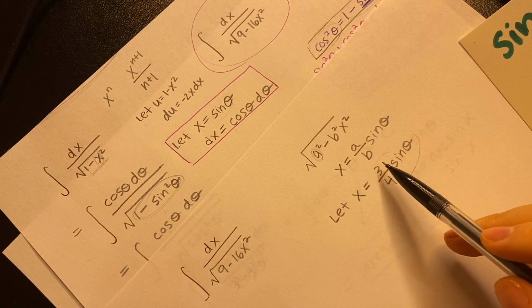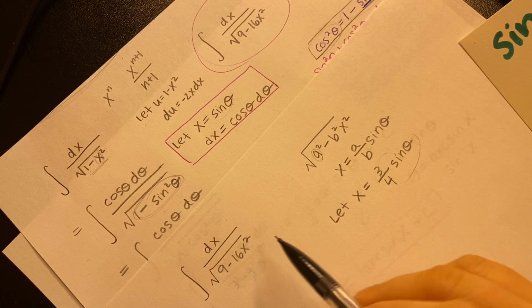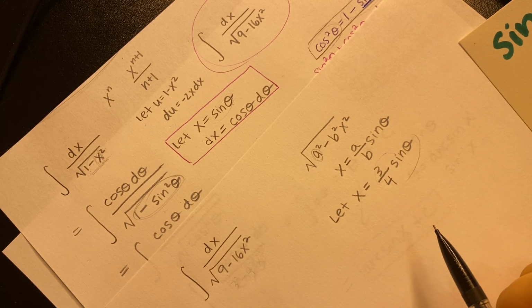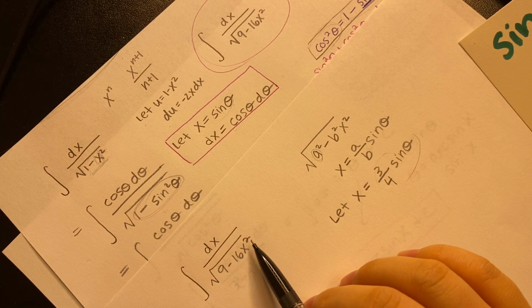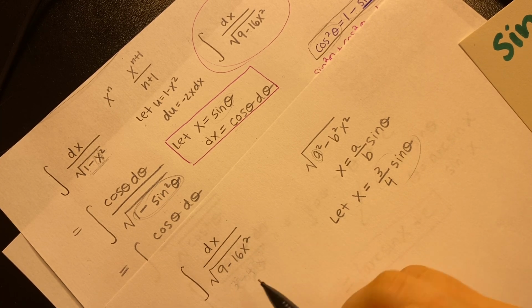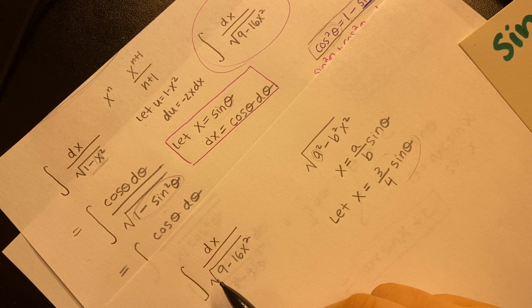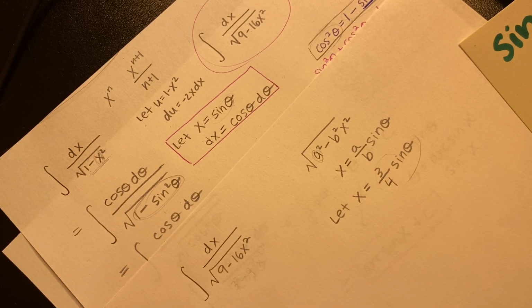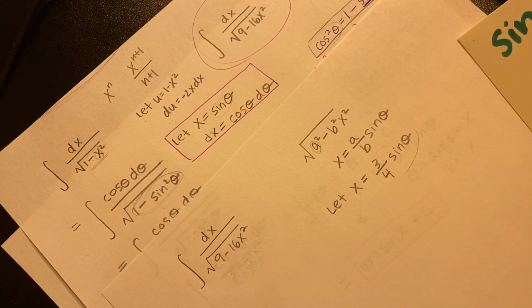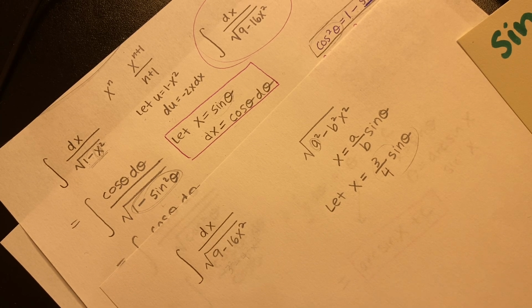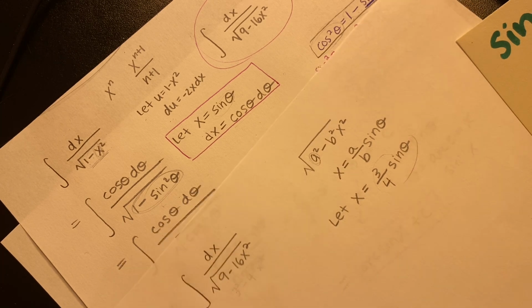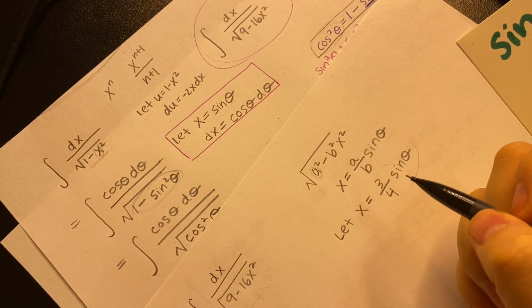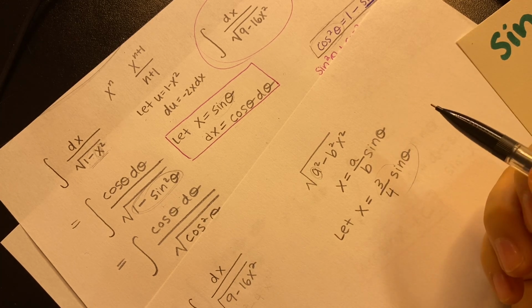And so the idea here is that when I square this part, I would square 3 squared is 9 over 4 squared is 16. So the 16 and the 16 on the bottom would cancel, and I'd have 9 minus 9 sine squared theta. We can write this out in a second, but then I would factor out that 9, and I would be left with 1 minus sine squared theta, which leaves us with our cosine squared theta.